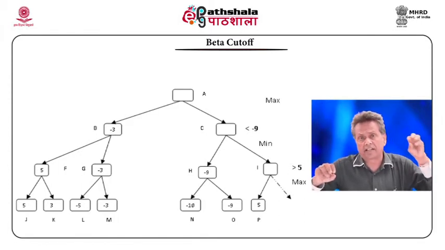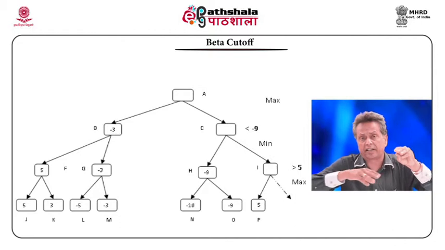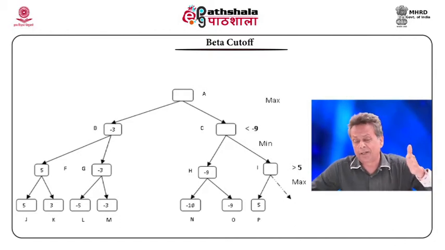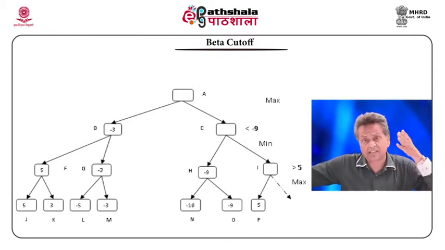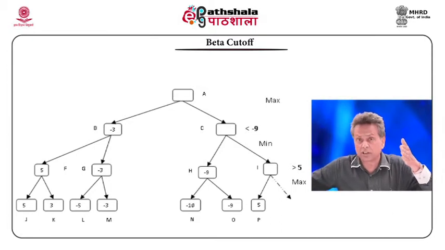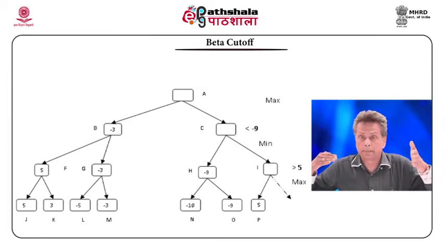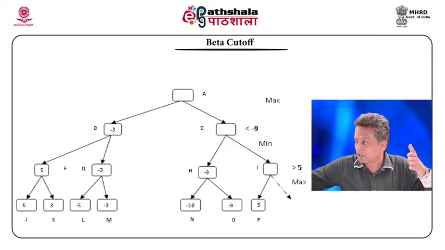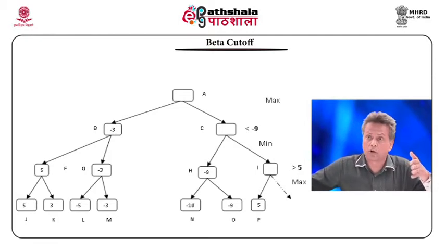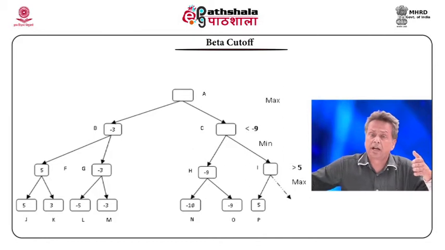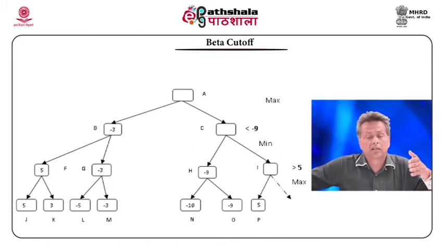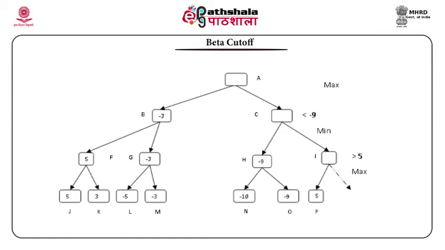So if the opponent plays H, he is guaranteed to get -9. If he plays I, I can play P, which guarantees me 5, which is very good. So the opponent will not choose that, irrespective of what is the value of the other one. The other one may be 10, but I am always getting 5 or more. If it is less, I'm not going to play that move. I only play P.